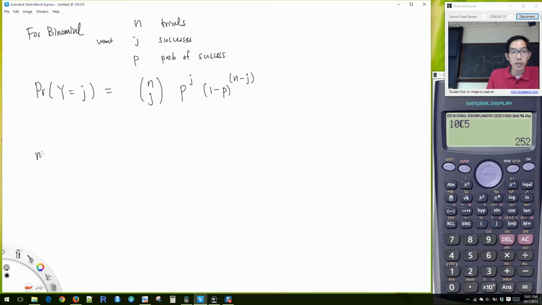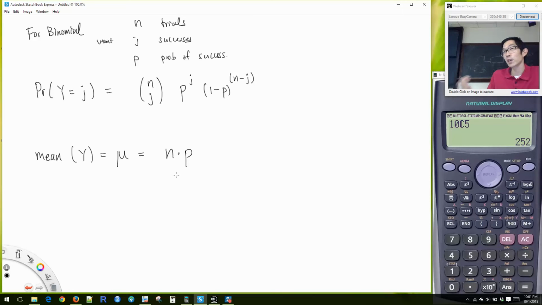We can also ask, what is the mean of the random variable Y? So this would be mu, and there is a nice answer, and that is just n times p, and I think this makes sense. If you flip a coin 10 times and the probability of getting heads is 0.5, what would you expect in the long run? You would expect 10 times 0.5, or 5 heads, overall.